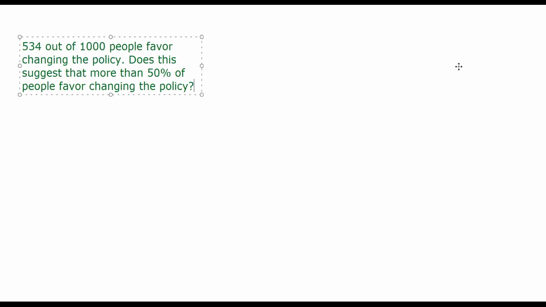Does this suggest that more than 50% of people favor changing the policy? Well, on the surface it does, because that's more than half the sample, but remember, that's not the end-all be-all. How good is the sample a representation of the underlying population? Well, that's why we need confidence intervals for something like that.